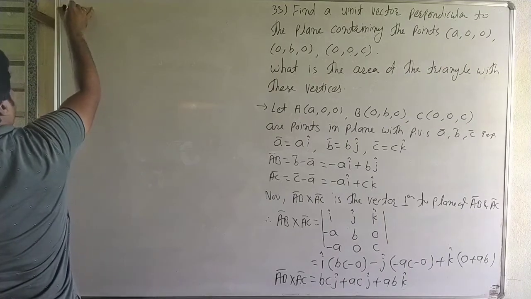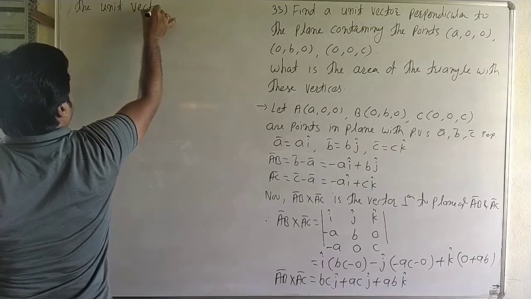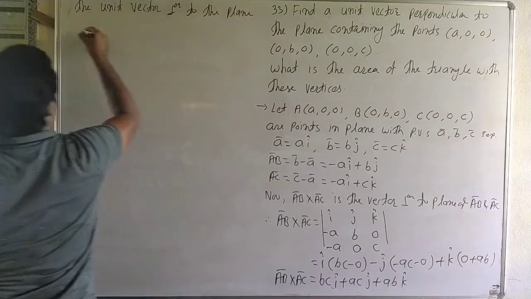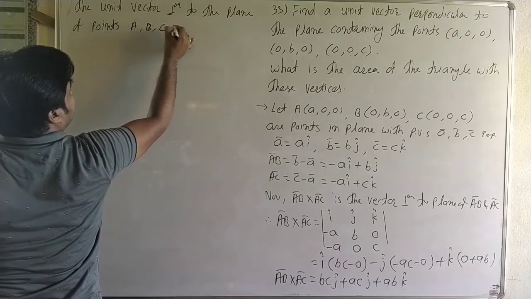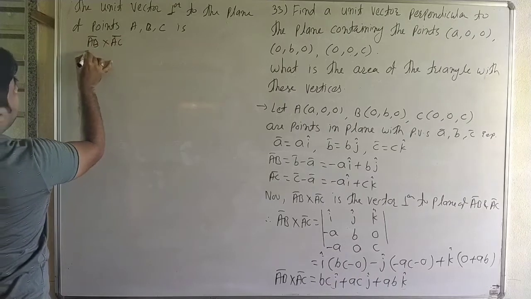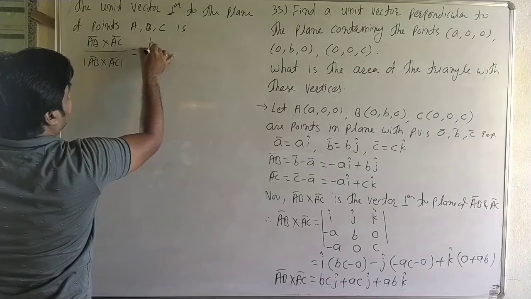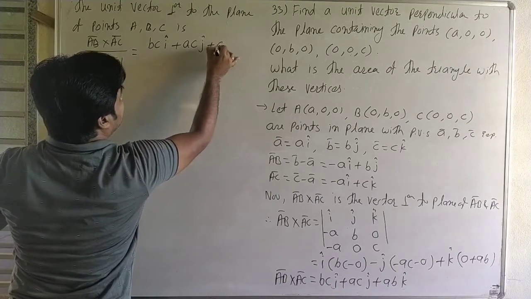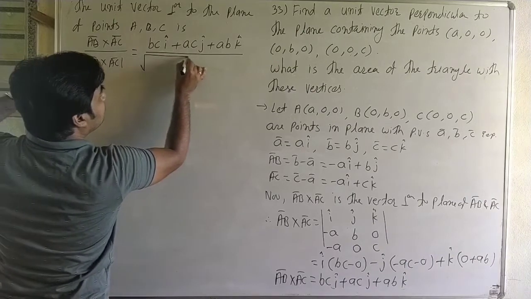Okay. Now the unit vector perpendicular to the plane of points A, B and C is AB cross AC upon magnitude of AB cross AC, and then it is BC i cap plus AC j cap plus AB k cap upon under root of the magnitude of that vector.